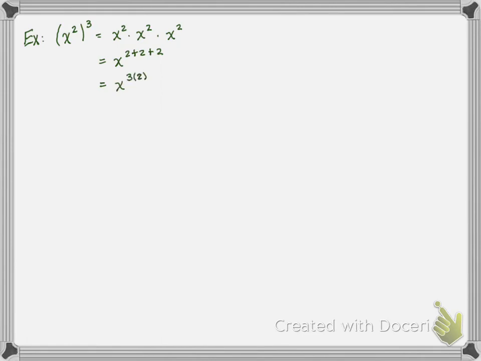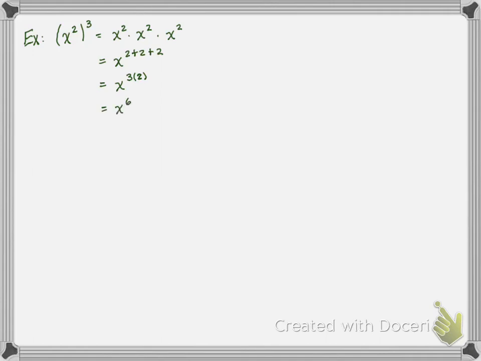It's actually a pretty cool relationship. The relationship between addition and multiplication is identical to the relationship between multiplication and exponents, right? Exponents are repeated multiplication, and multiplication is repeated addition. And all the rules actually have corresponding rules for the other relationship. We'll see that in a minute when we talk about the distributive property. So this would give us x to the 6th.